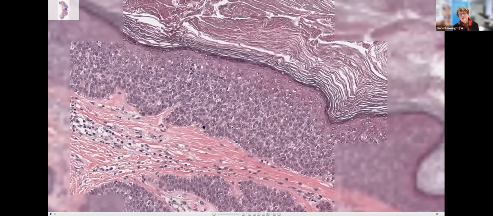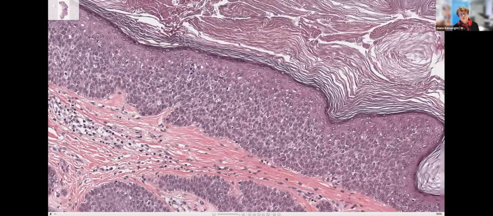The basal cell proliferation goes to about here. So normally the basal cells would be here. The basal cell proliferation goes to about here when they mature into these spiny keratinocytes and then the granular layer and the keratin. So if you were to divide up that epithelial layer into thirds or quarters, what thickness would normally be basal cells in a normal epithelium?